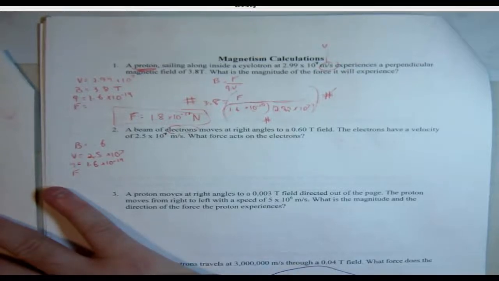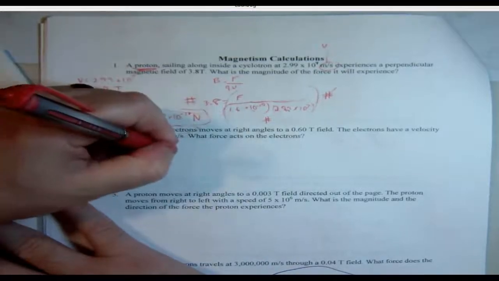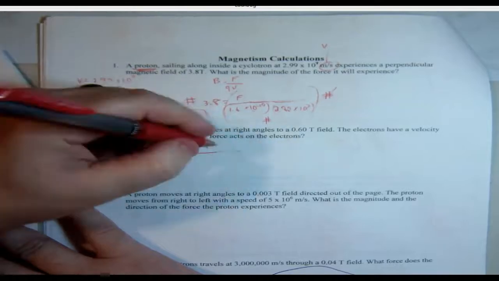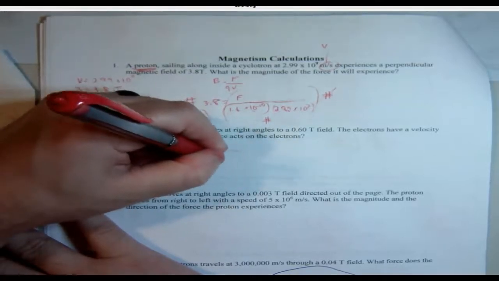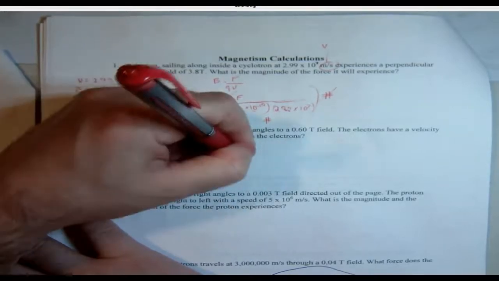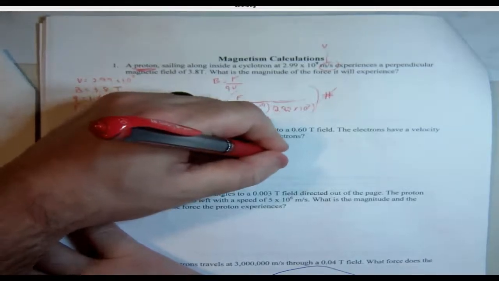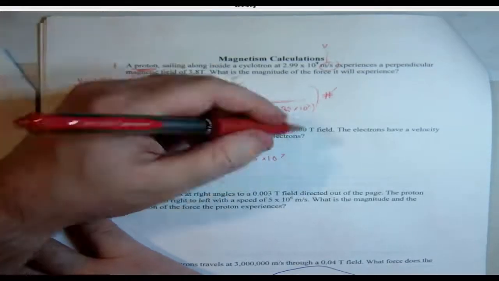So I'm going to set it up. 0.6 equals force on top, over 1.6 times 10 to the minus 19 times 2.5 times 10 to the 7. That's our velocity.